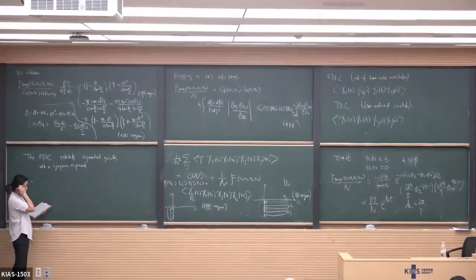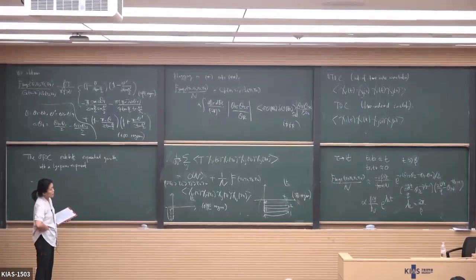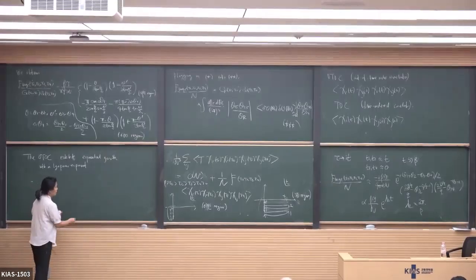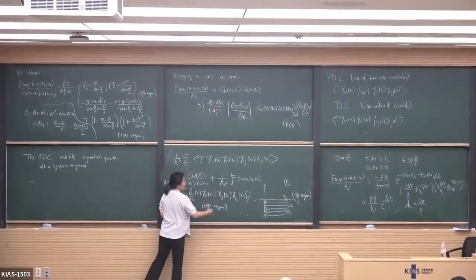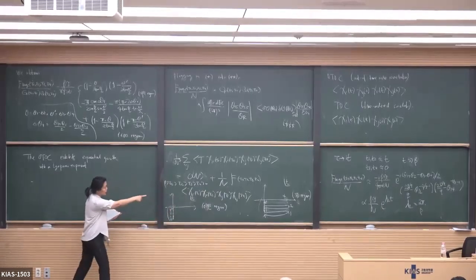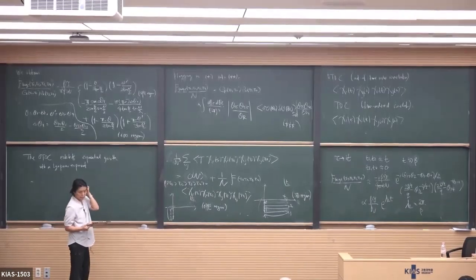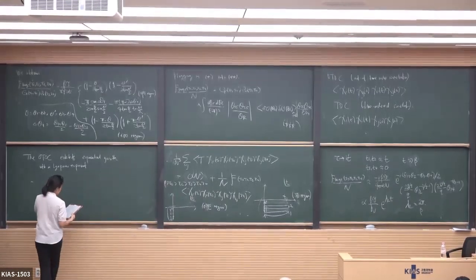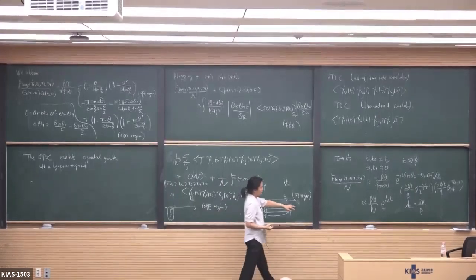But at some point, we have to include diagrams that are subleading in beta J over n. We were looking at the 1 over n part of the 4-point function, and we found a piece that goes like beta J over n times e to the lambda t. Now, for sufficiently large t, what happens to this factor?